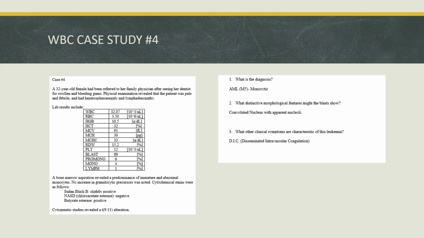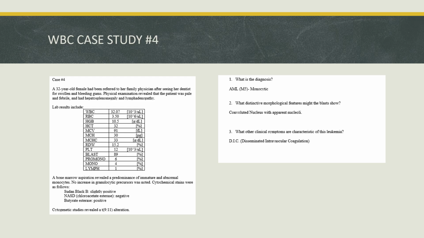Let's take a look at her CBC results. In this case, we have a white blood cell count of 32.07, red blood cell of 3.5, hemoglobin of 10.5, hematocrit of 32, MCV 90, MCH 30, MCHC 33, RDW 15.2, platelets 12, and her differential is showing 89% blasts, 6 promonocytes, 4 monocytes, and 1 lymphocyte.